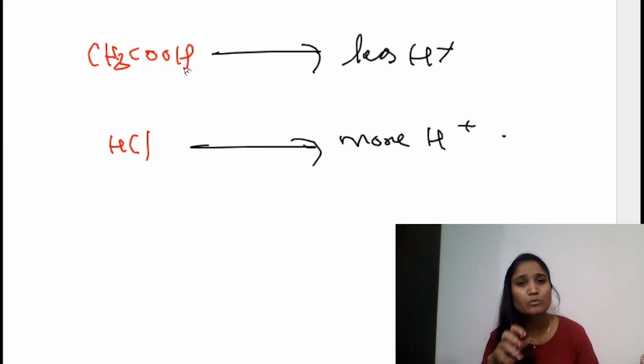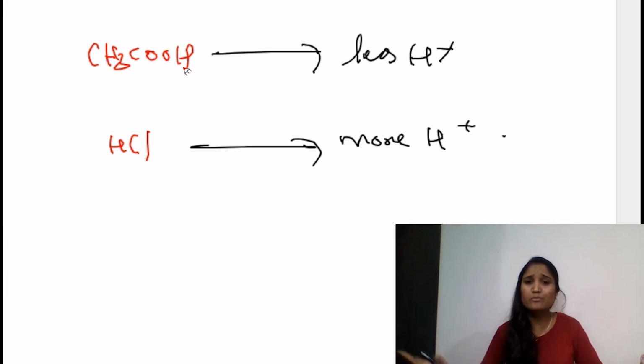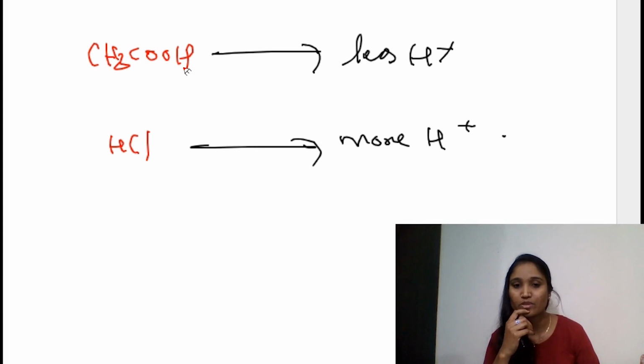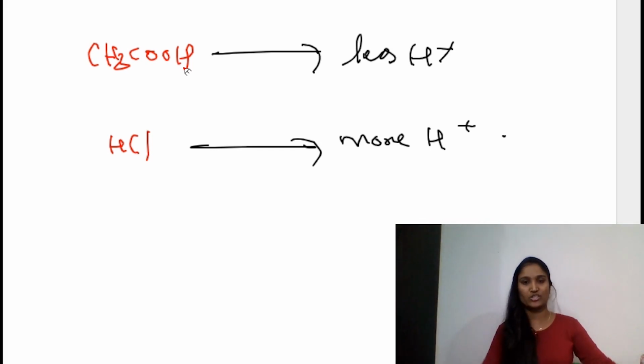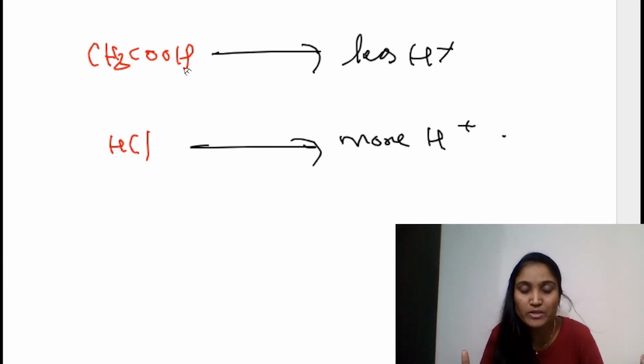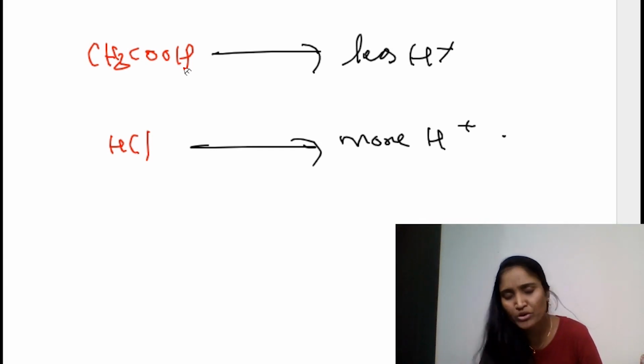Acetic acid gives a smaller number of H plus ions. Why? Because it's a big fat molecule. It doesn't break down. It's too lazy. Then HCl is very slim, trim, fit, everything. 99% of the molecules will dissociate, so there is more and more H plus concentration. The more the amount of H plus released by an acid, the more its acidic strength.